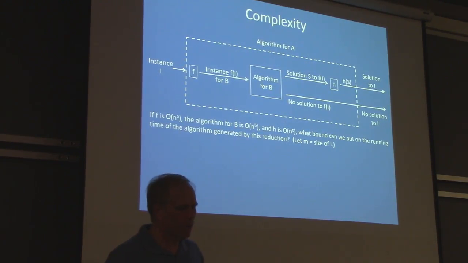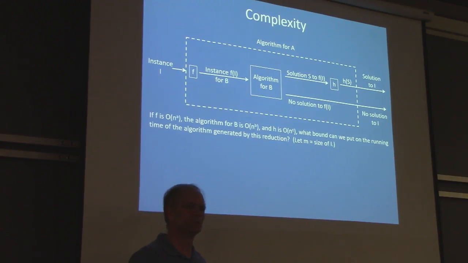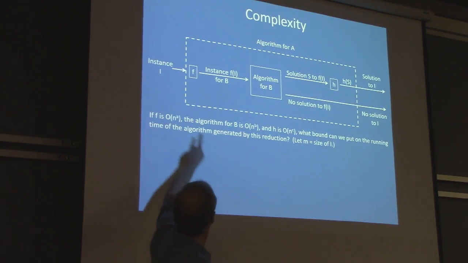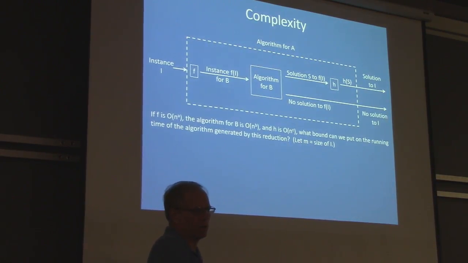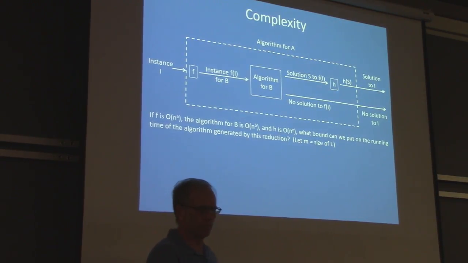So how much output could f produce? It could be bigger than its input, but at most the size of its running time, O of n to the a. So you just multiply it all together.